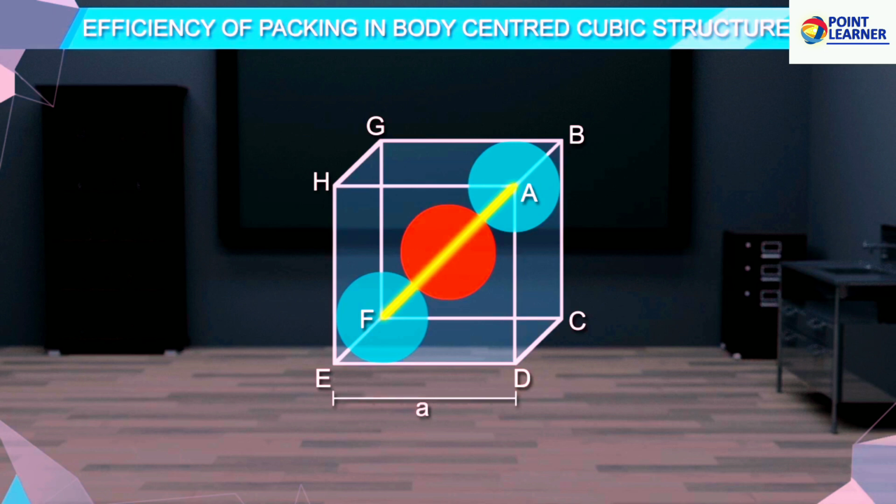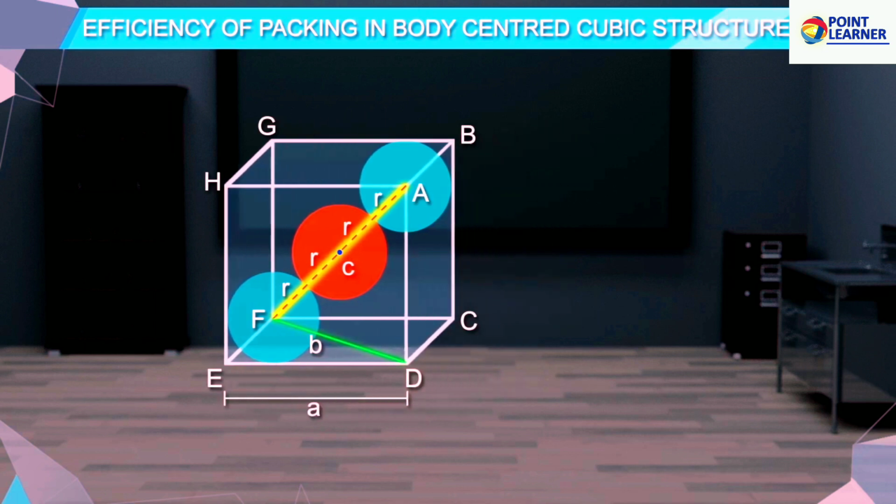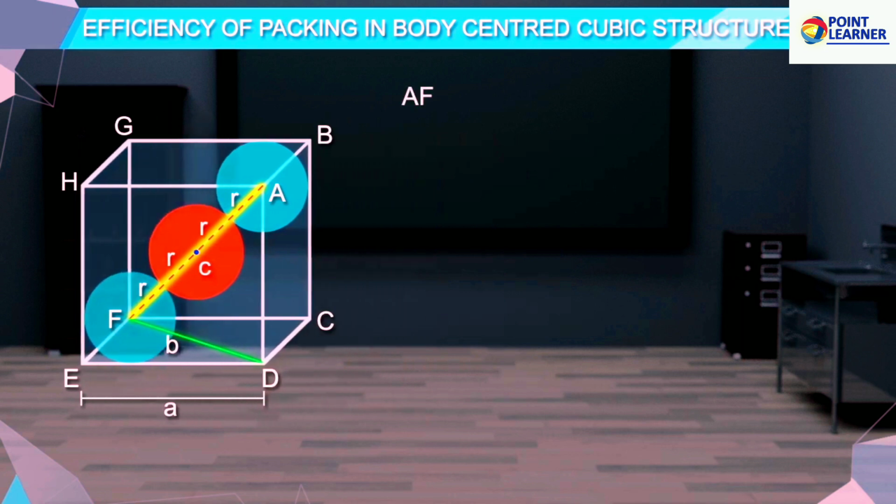Let a be the edge length of the cube and r be the radius of the sphere. The body diagonal AF is equal to c, and face diagonal FD is equal to b. Then AF is equal to c, which is equal to 4r.